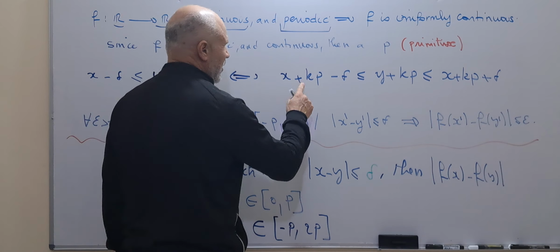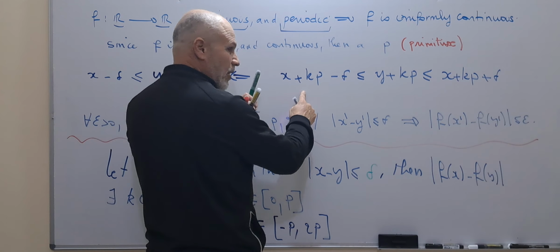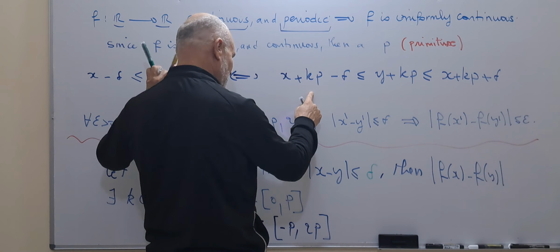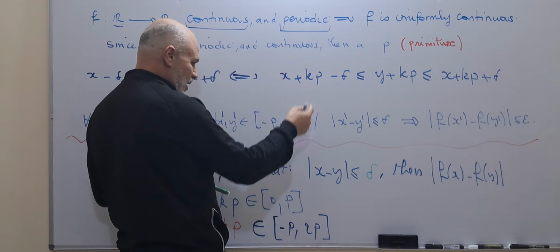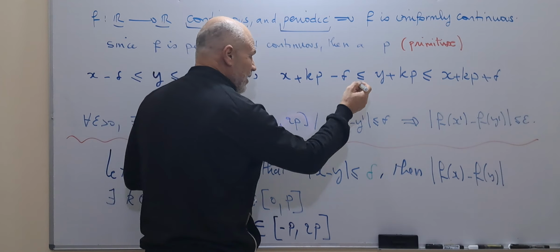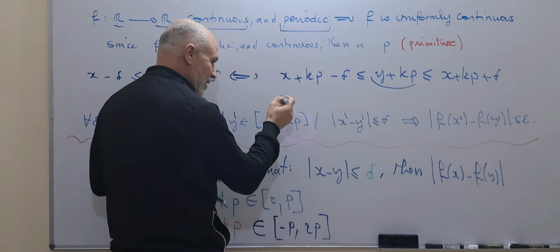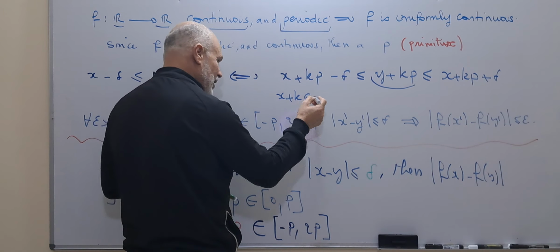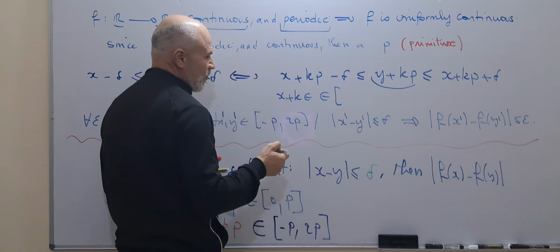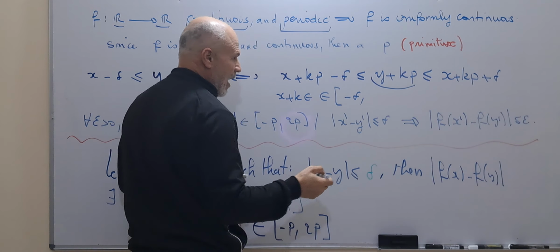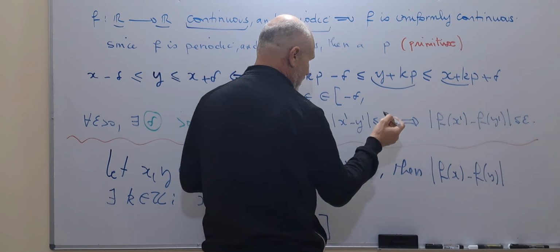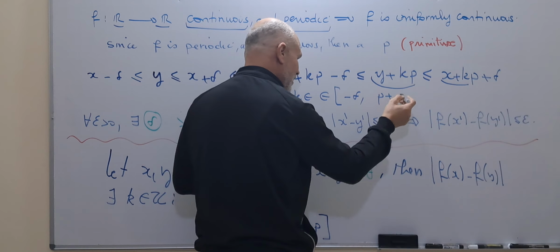This means that the smallest possible value here is when x plus kp equals 0, so y plus kp belongs to minus delta to p plus delta.